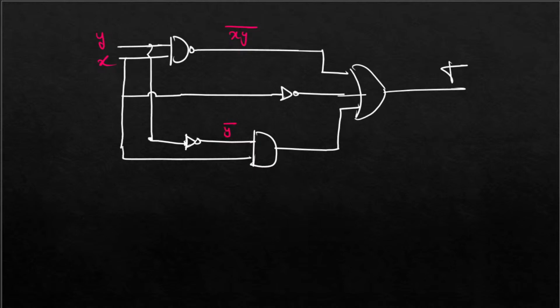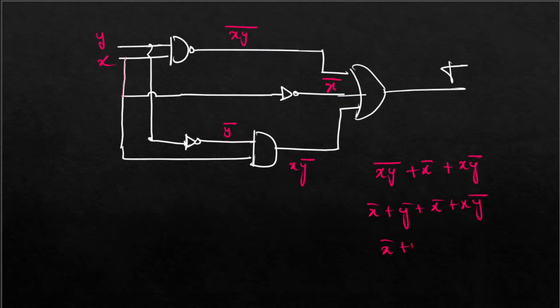Here it will be XY bar, and here y bar. Here we will have XY bar. This line is coming from x, so this is x bar, and these are the lines coming from y bar and x, so XY bar, and this is OR.